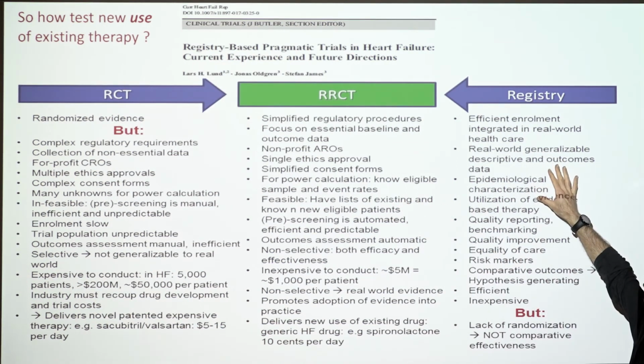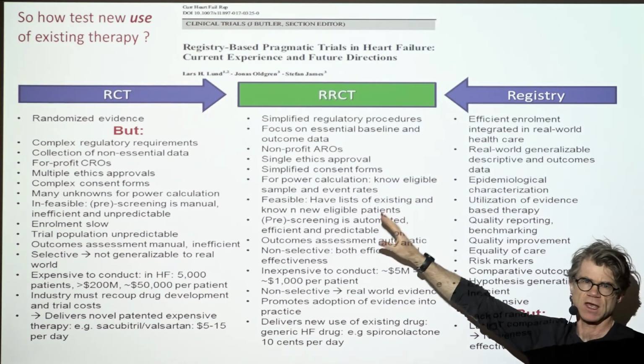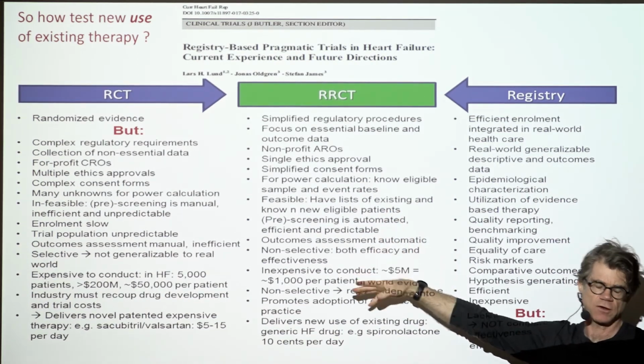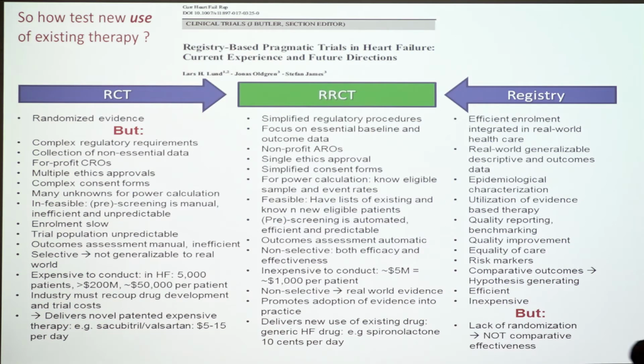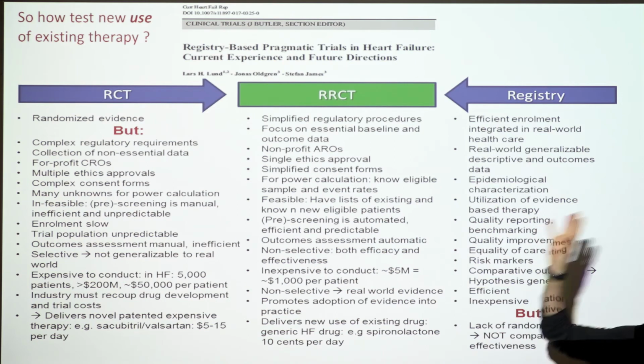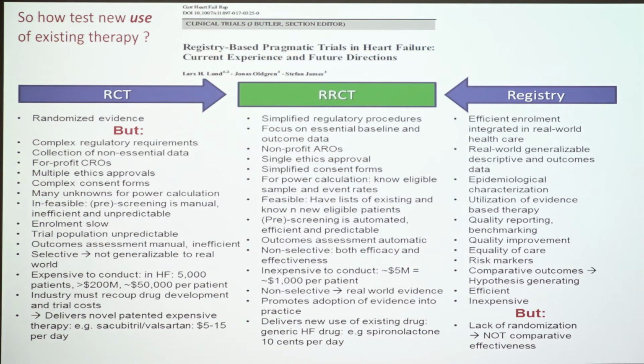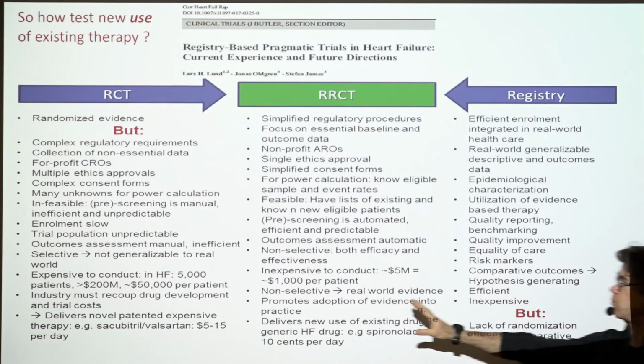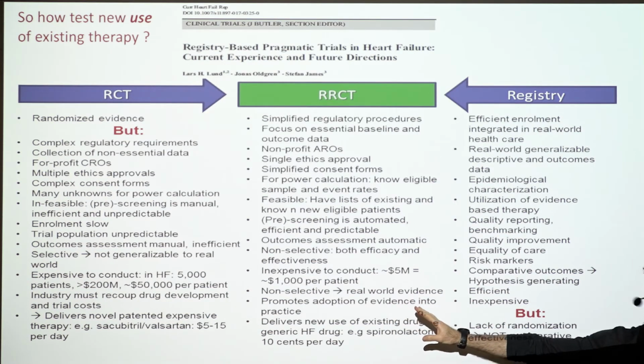In the registry, after entering age and sex and making sure that the patients get the right therapy that they should have, we also add a button at the end, include in trial and randomize. And then we randomize in the trial, and all the outcomes are from the registry. So we can do a trial at 1% of the cost.